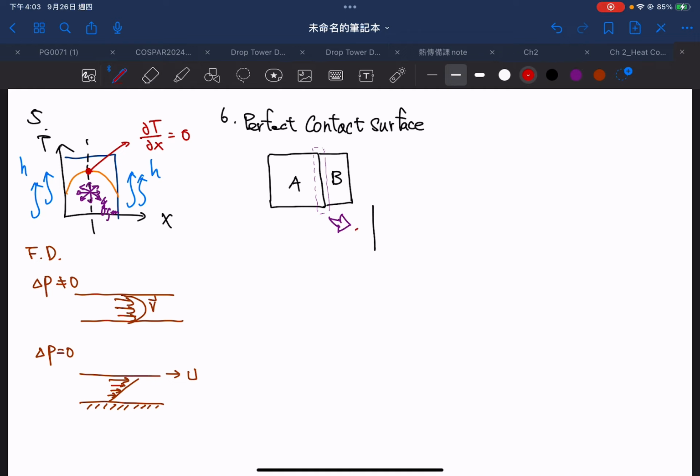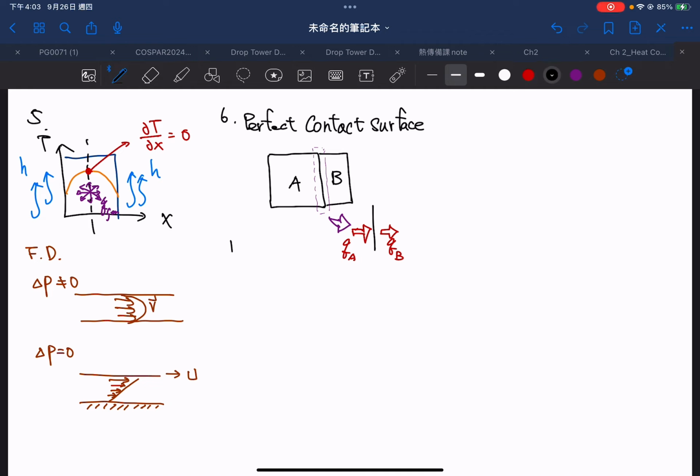So you have Q conduction, not necessarily conduction, but let's just assume this is conduction. So QA will equal QB because it's a perfect contact surface. So all the heat will transfer across the interface.